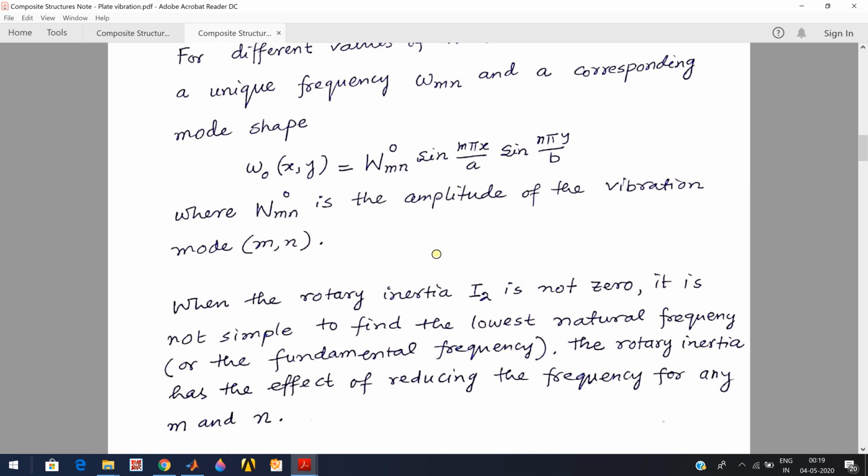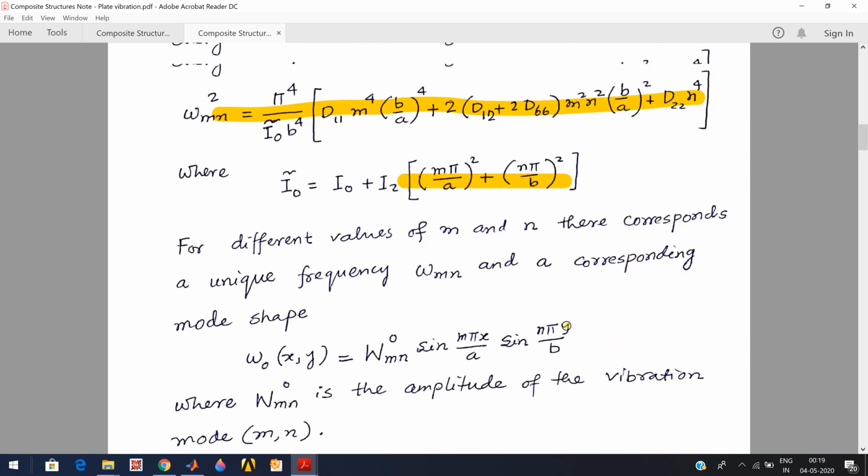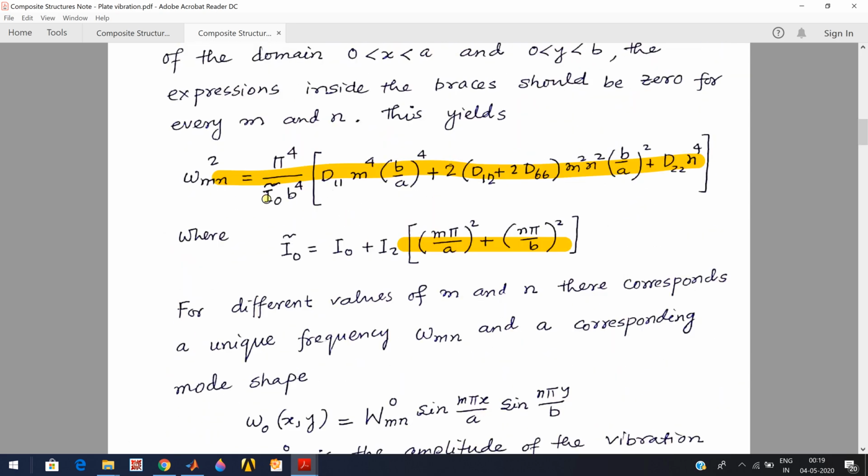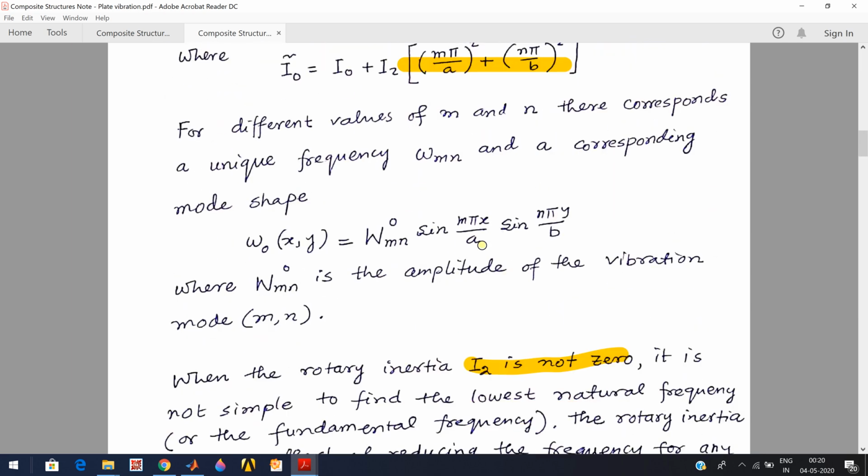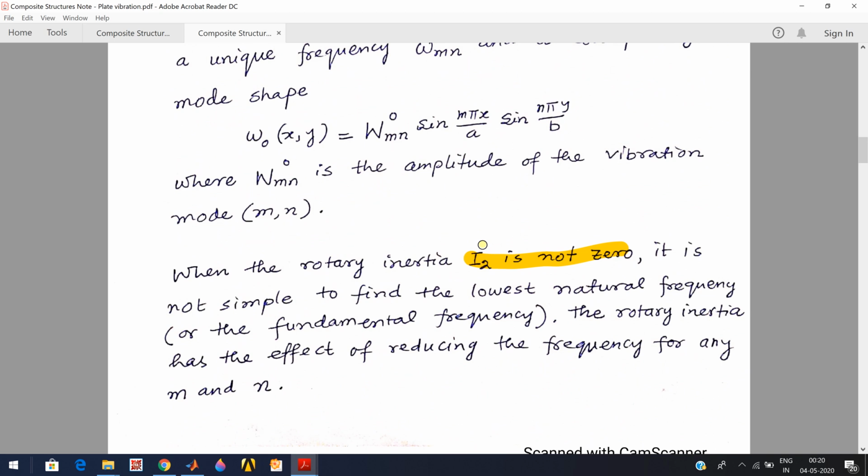Now we can also make a note that when the rotary inertia is not zero, so I2 not zero, then it is not very simple to find the lowest natural frequency. The reason is this: when I2 is not zero, m and n will be both in the numerator and also in the denominator. It's difficult to see which m and n will give you the minimum omega, so you have to calculate for different m and n and see which one is your lowest frequency.